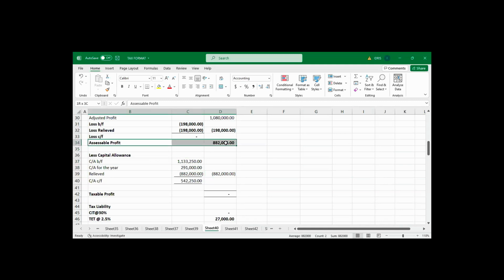Since 882,000 is less than the summation of the capital allowance brought forward and capital allowance for the year, our capital allowance relief is going to be 882. Mind you, because this one is a manufacturing company. If it is a trading company or service company, we are going to restrict it to 2/3 of 882.